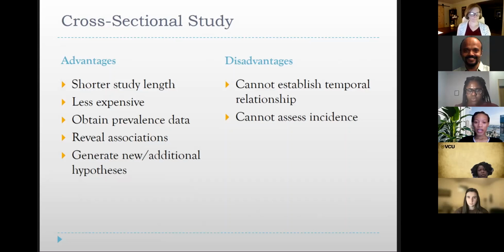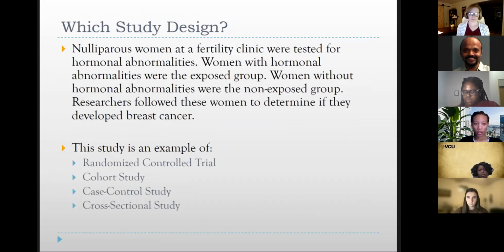And so here is the point for a little bit of participation. I'll give you 30 seconds or so to read over this and then determine which study design you think this is an example of. You can put it in the chat or say it out loud if you feel comfortable.